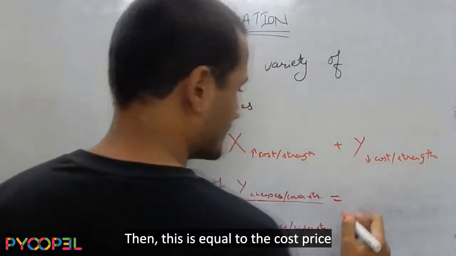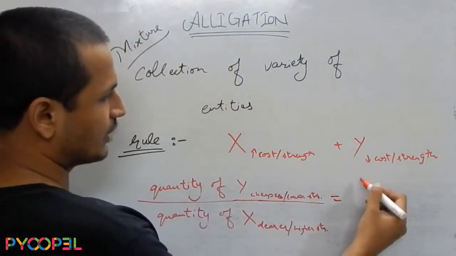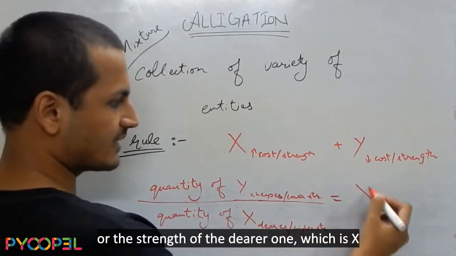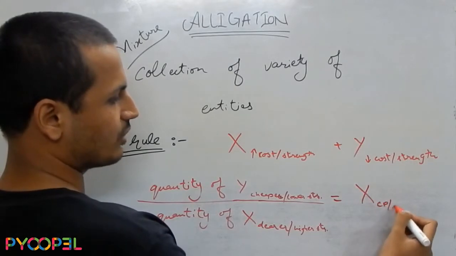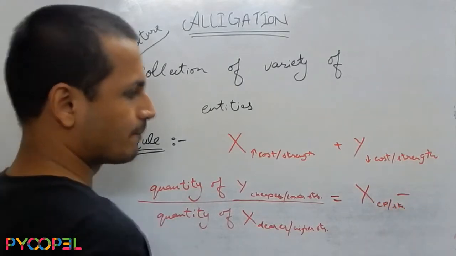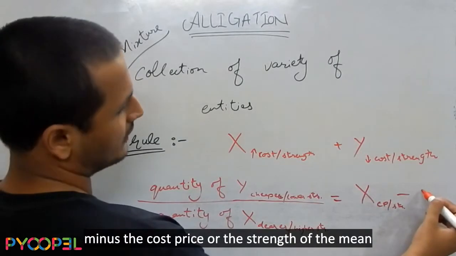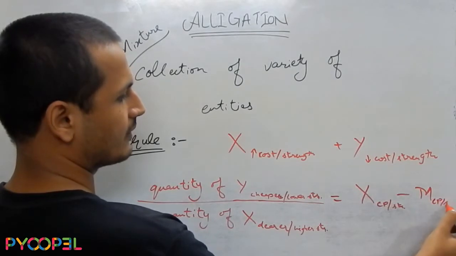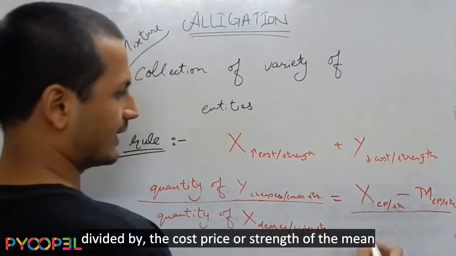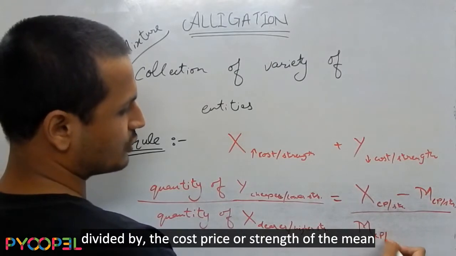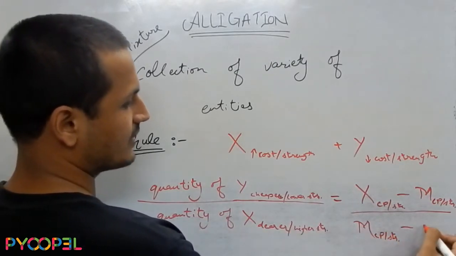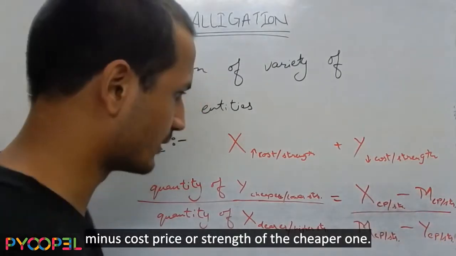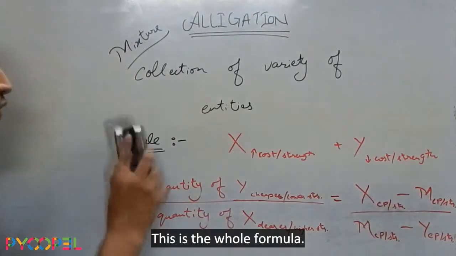Then this is equal to the cost price or strength of the dearer one, which is X, minus the cost price or strength of the mean, divided by the cost price or strength of the mean minus the cost price or strength of the cheaper one. Okay, this is the whole formula.